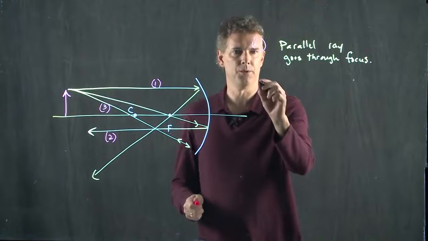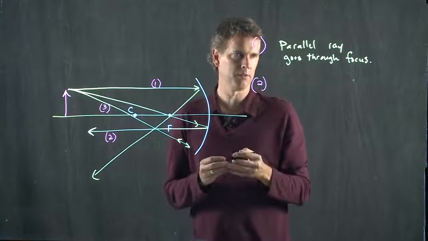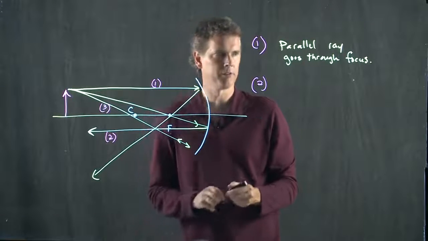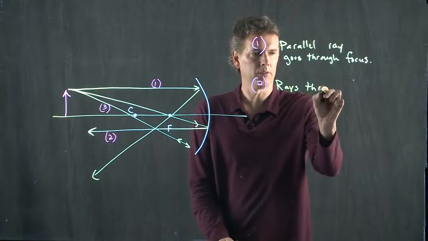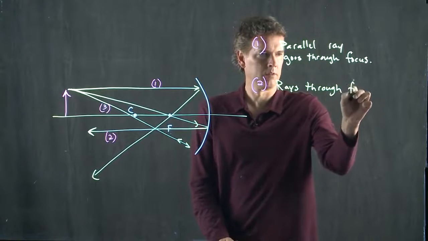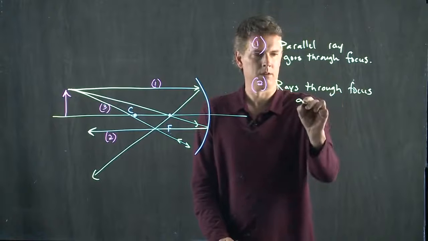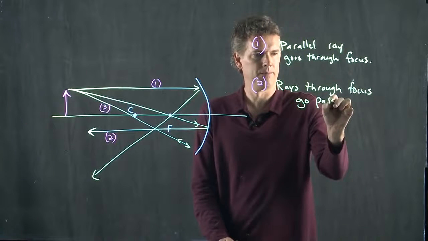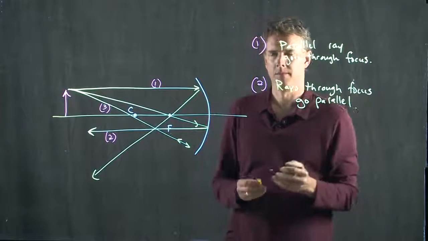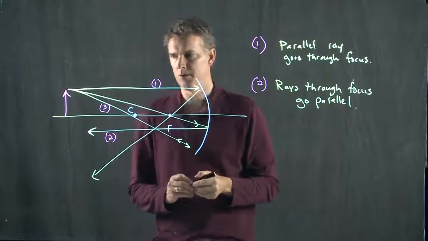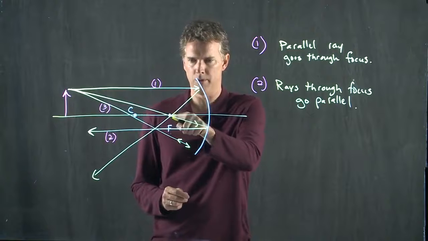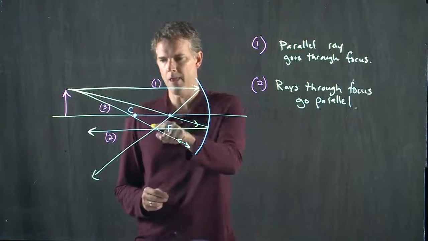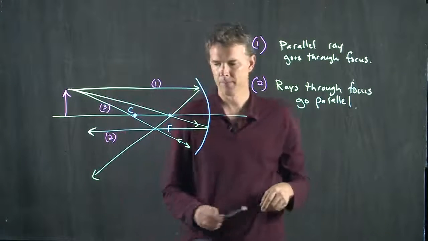What about number 2? Number 2 is really just number 1 in reverse. Rays through the focus go parallel. Number 2 was this one that came right here. It went through the focal point, bounced off the mirror, and then went parallel back.